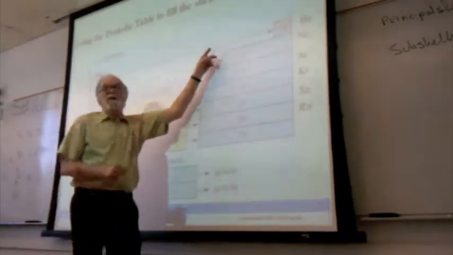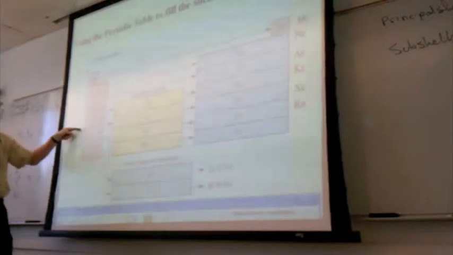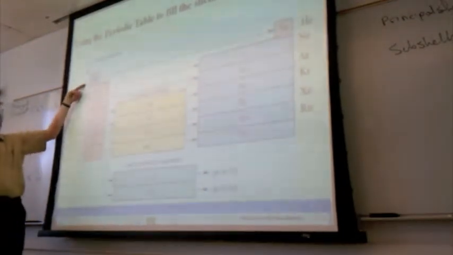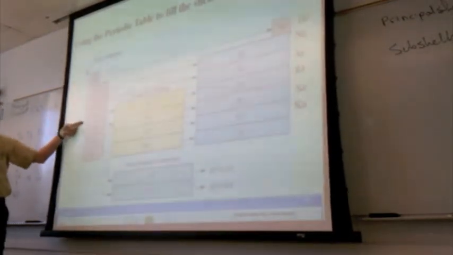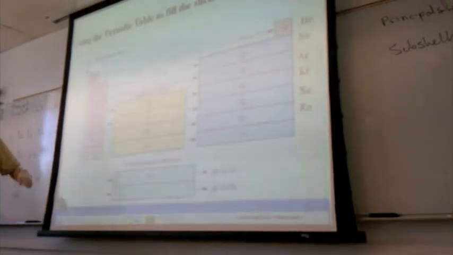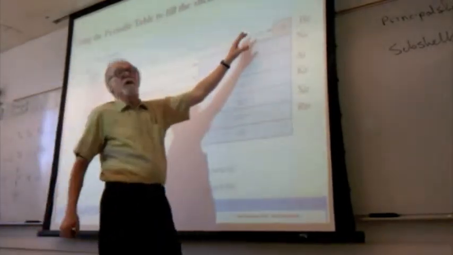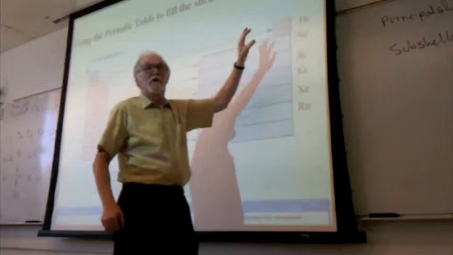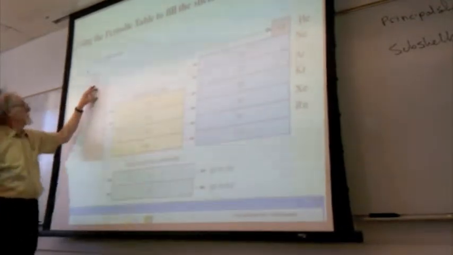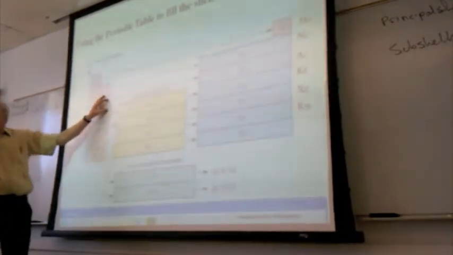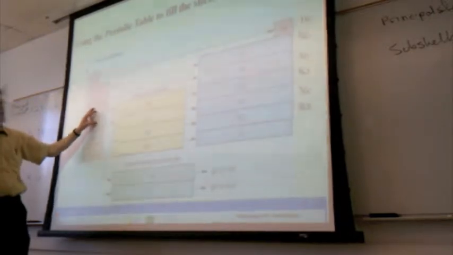1s. This number here is your principal quantum number. N equals 1, N equals 2, 3, 4. So 1s, 2 electrons. The 2s, 2 electrons. 3s, 2 electrons.